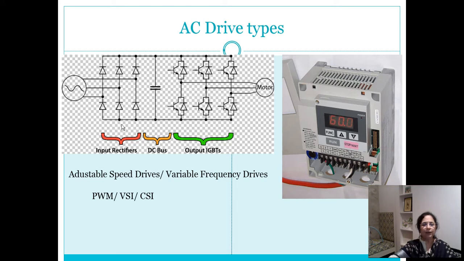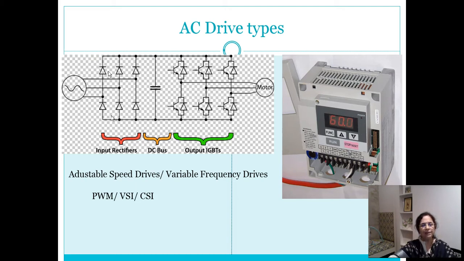On the input end, there could be options. This DC bus, DC link capacitor is used, and we call it the DC bus, which holds the DC voltage constant. On the input end, there is an AC supply available, and this type of rectifier, the input rectifier, is called a front end rectifier.